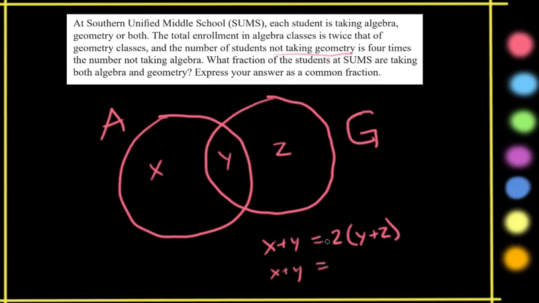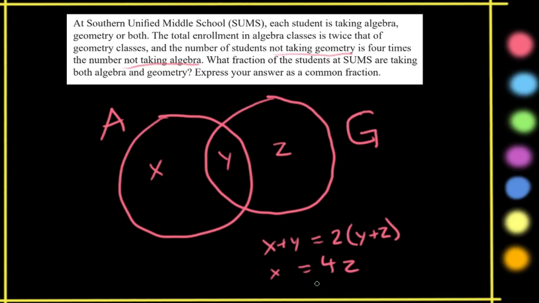It's got to be equal to, hang on, did I do this right? The total enrollment in algebra class. Oh no, the number not taking geometry is just x, my bad. The number not taking geometry, that's just x. So the number not taking geometry is 4 times the number not taking algebra. Okay, so that's equal to 4 times z.